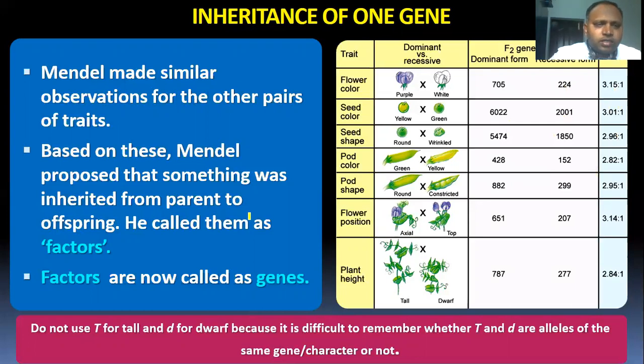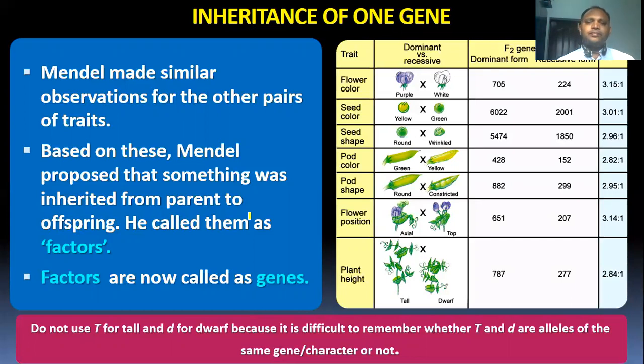Based on his monohybrid crosses and hybridization experiments, Mendel proposed that something is inherited from parent to offspring. What is being inherited, and how the characters are transmitted from parents to offspring, he had no idea. But he said something is inherited, and he called them factors, right?